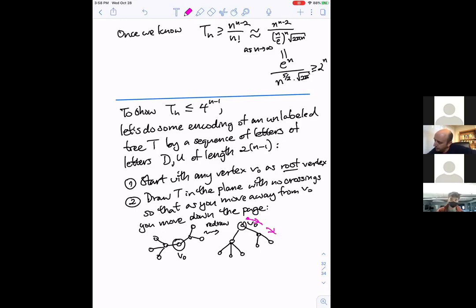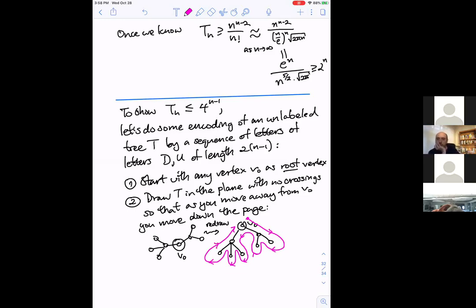That way, I went down. Actually, I'm sorry. Let me do it all in one motion, and then I'll draw the labels. I go around the tree in the plane and back to V0. Does everybody see what I did? Let me put some arrows to indicate how I traverse the boundary of the tree here.